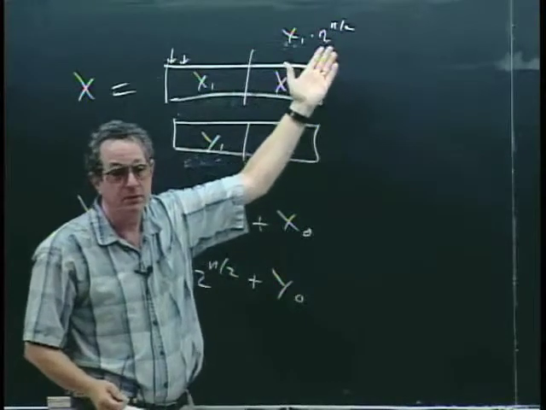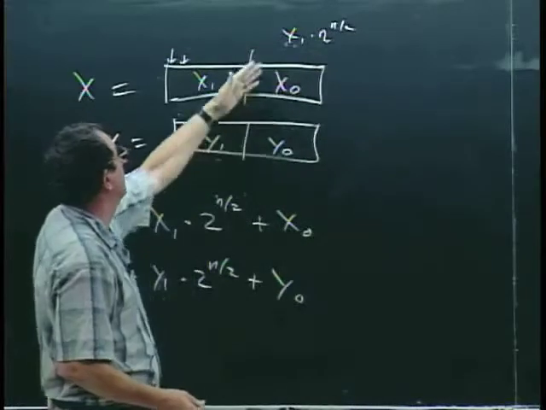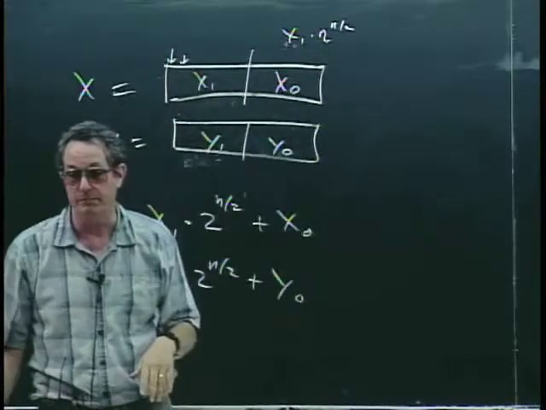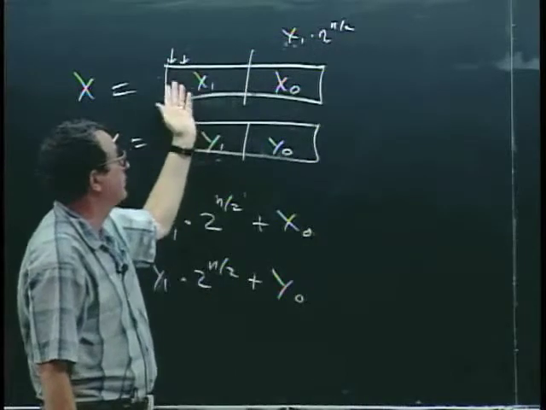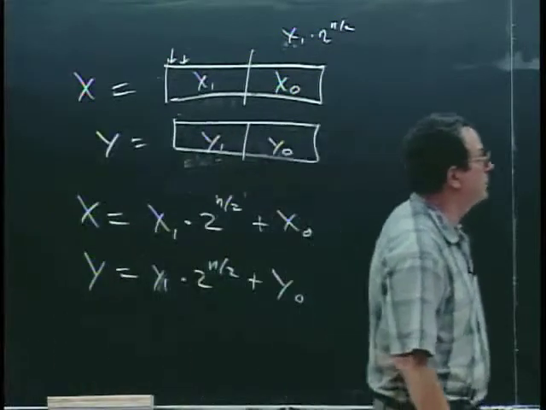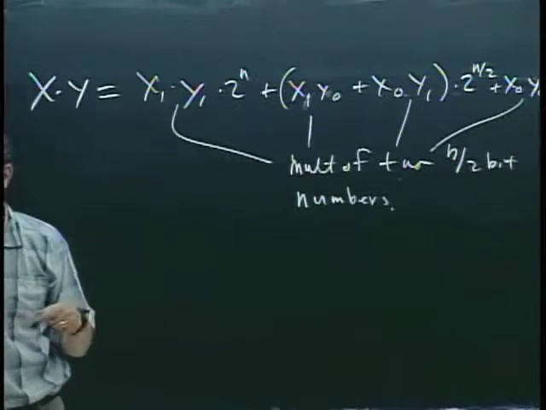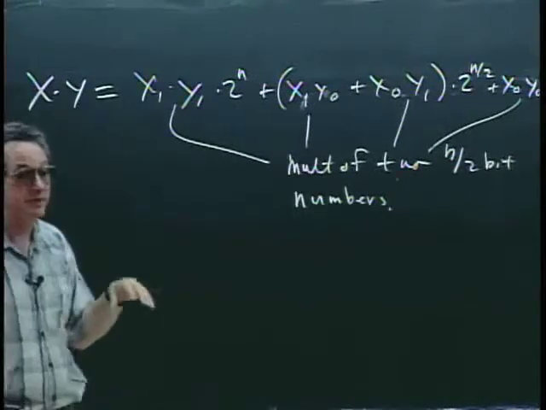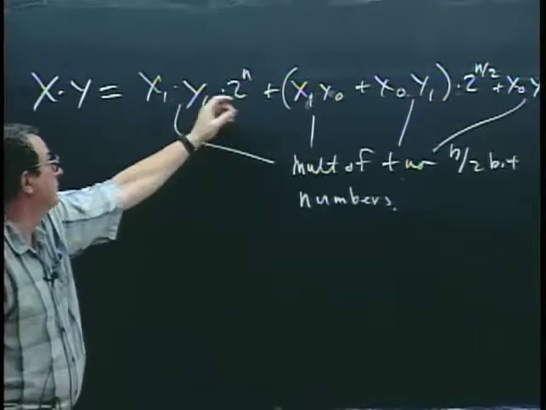I can figure out from this exponent and how long x1 is where it's going to end up. So I can rewrite this in n over 2 bit writes. We want to pay attention to that time for rewriting in this whole algorithm, but a rewrite is different than a multiplication.